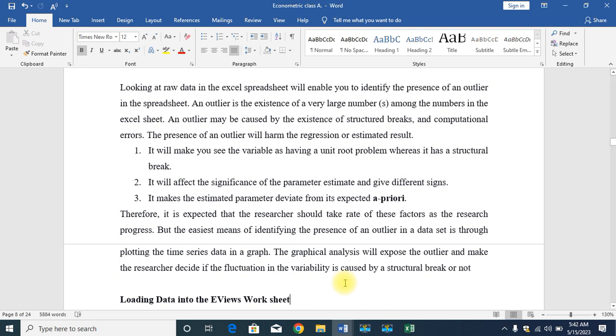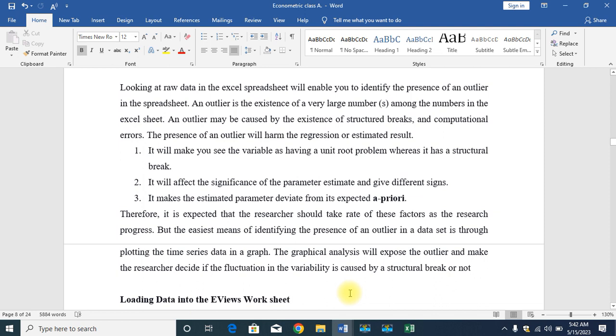So if an outlier occurs in a data set and the researcher is not certain of how the outlier came about, it is recommended that the researcher should always go back to the original source of data, go back to the Excel sheet where the data was generated in the first place.